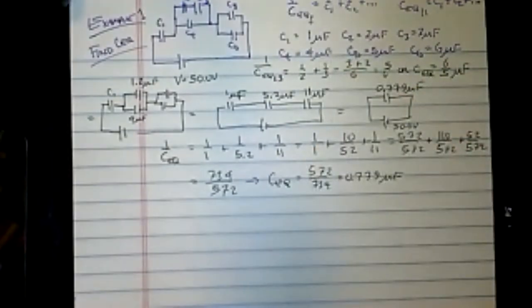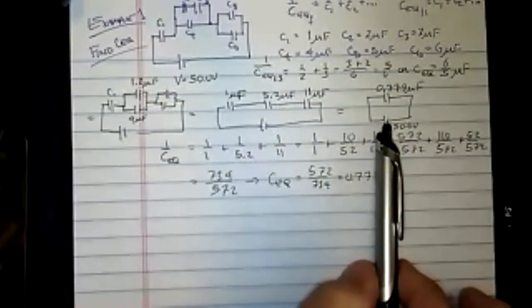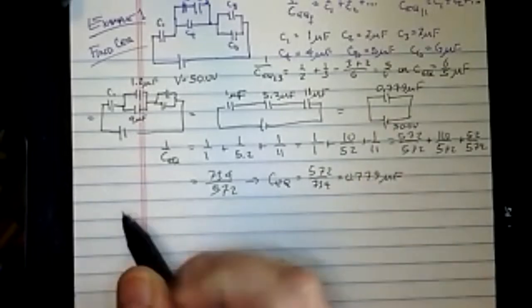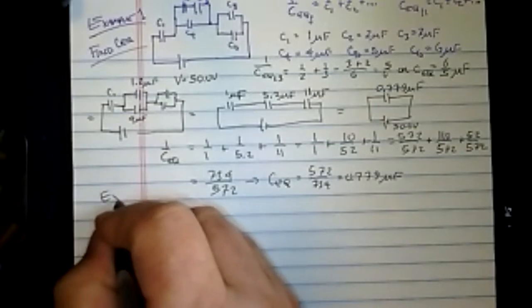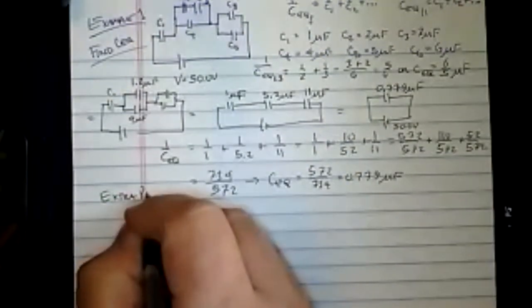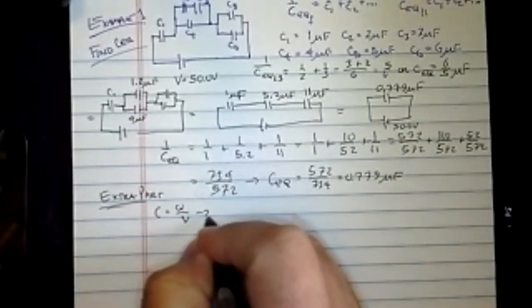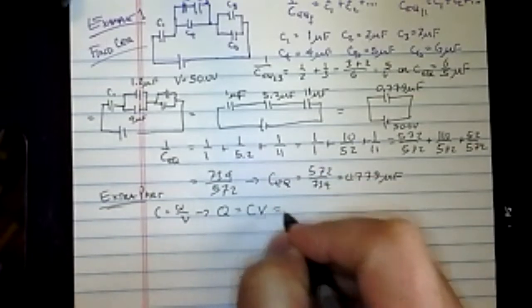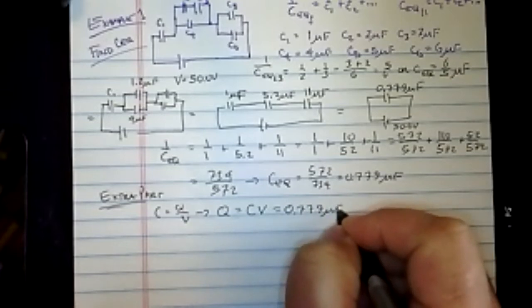Now, the other part I can do with this is I can say, okay, well, I know how much charge is going to leave here, because I know that C equals Q over V. So I'll call this the extra part. C equals Q over V tells me that Q is going to be equal to C times V. So I'm going to take that C, which is 0.779 microfarads.